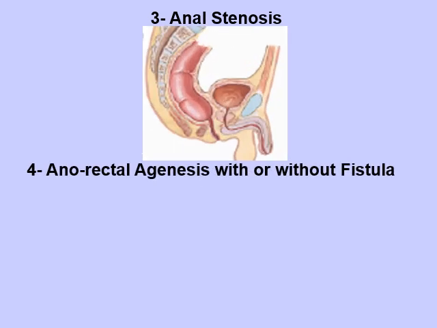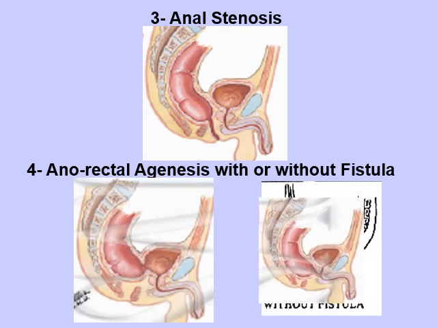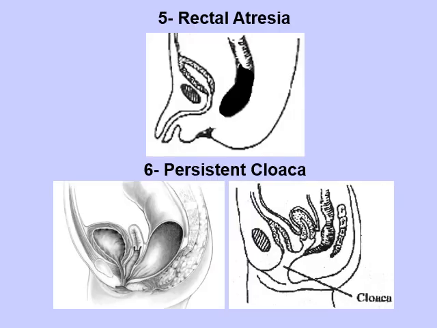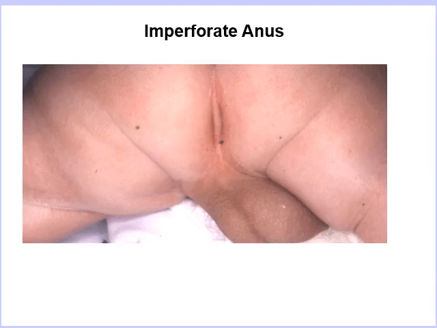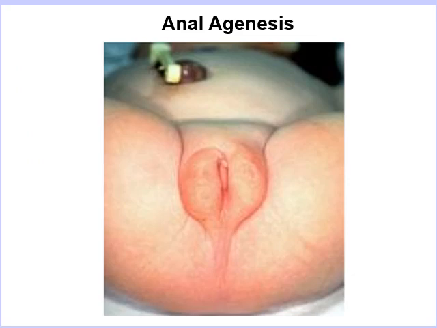Anal stenosis or anorectal agenesis with or without fistula. Rectal atresia is a form of imperforate anus, or membranous atresia of the anus. Anal agenesis is absence of the anus or the anal canal.